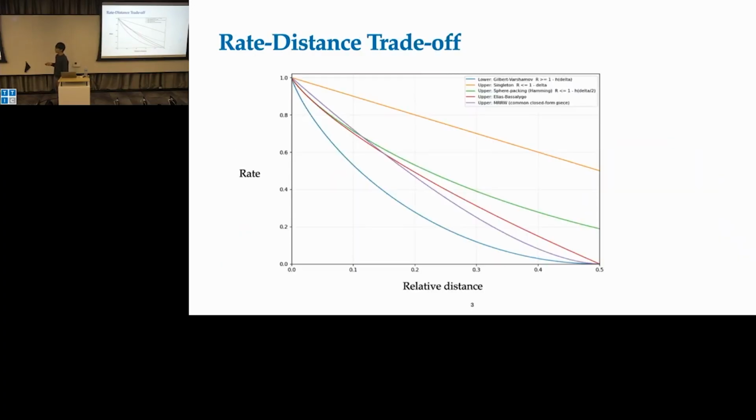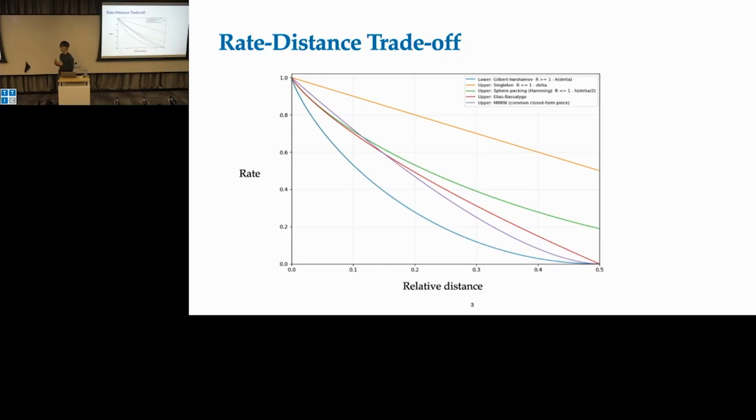A lot of people have studied this, and this graph appears in most textbooks and lecture notes. Here, we're looking at relative distance, which is distance divided by the length of the code word, so it's something between 0 and 1. And we're focusing on the case where relative distance is below half.